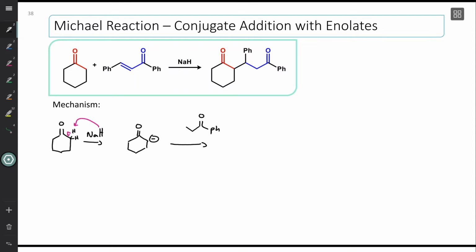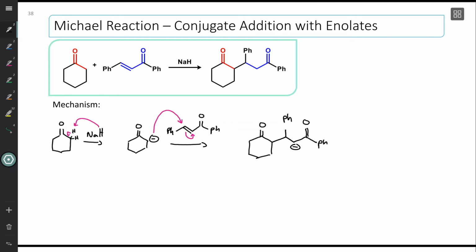Then the enolate will see our other electrophile, and will attack at this position, and that double bond will put the charge there, like this.